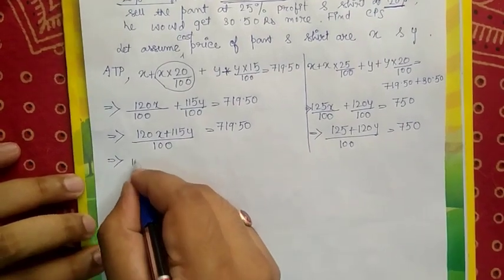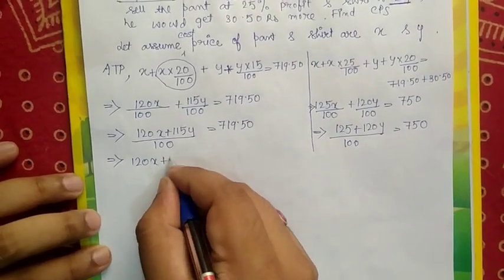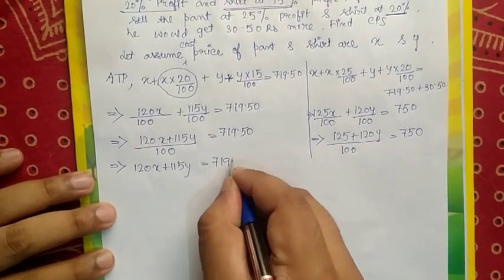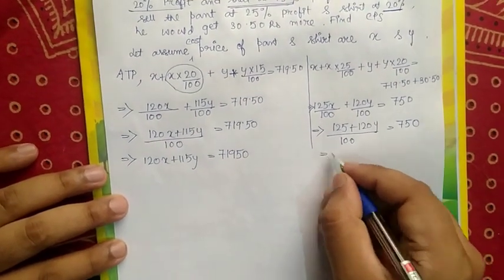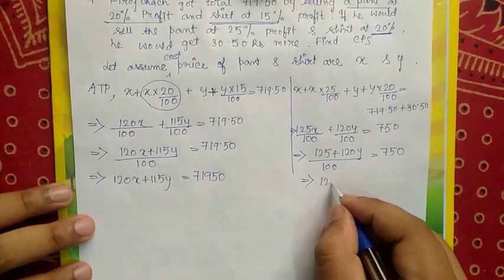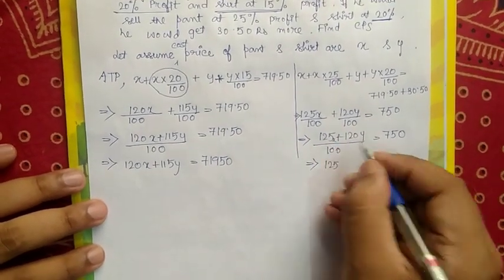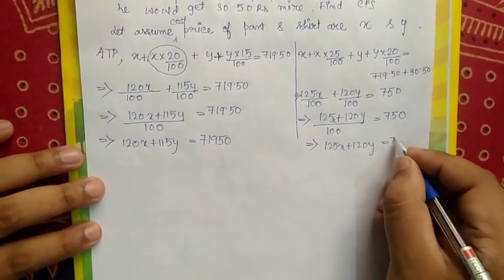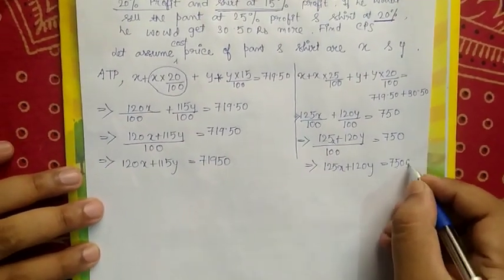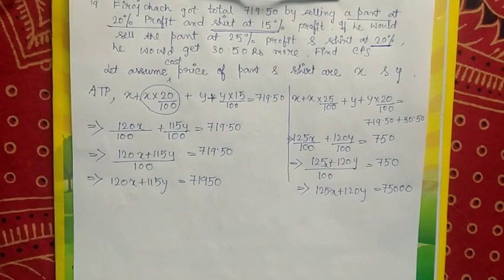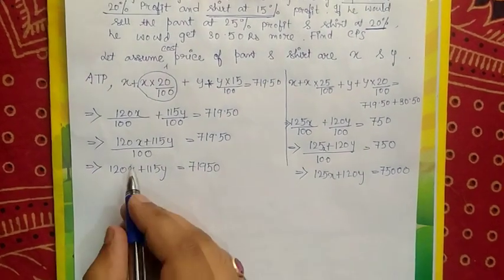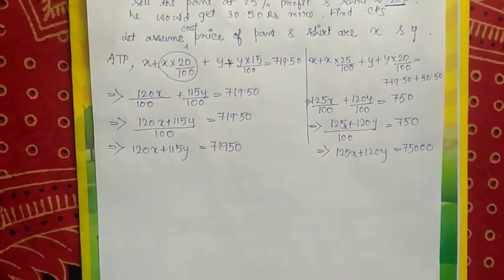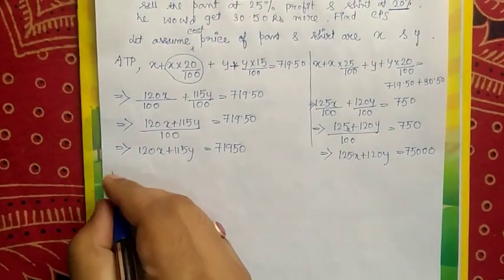Now cross multiplying we get 120x plus 115y equal to 71950, and here we get 125x plus 120y equal to 750, and after that 2 zeros. Now here we can see we can divide these three terms by 5, so reduce these terms.